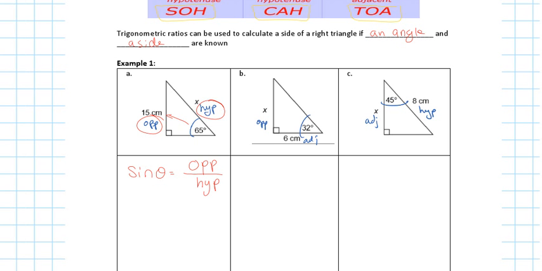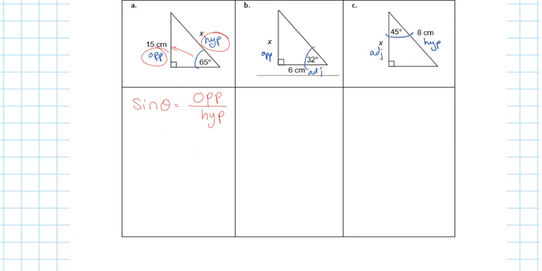So I'm going to replace theta with 65. Do I know the opposite? What's the opposite? And I'm looking for the hypotenuse, right? So you see how you're going to have to pick the formula depending on what's given to you and what you need to find. You see I only have one unknown, which is the hypotenuse.